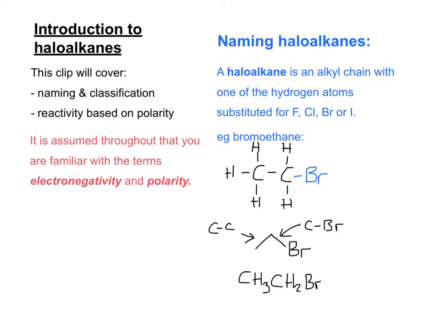Okay, so what would happen if we added another bromine onto that? So let's get rid of our skeletal formulas and our structural formulas, and make some room to do that.